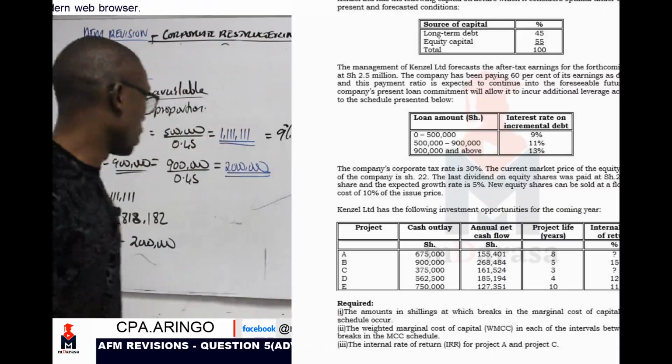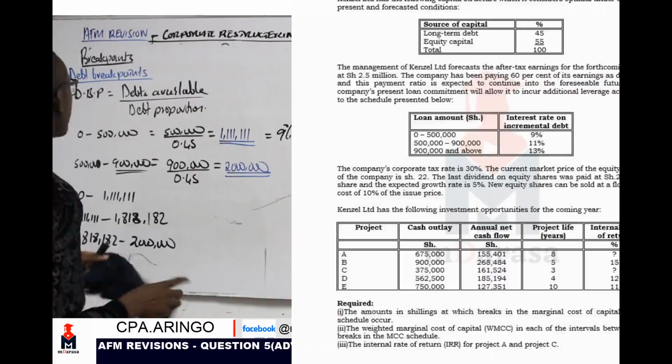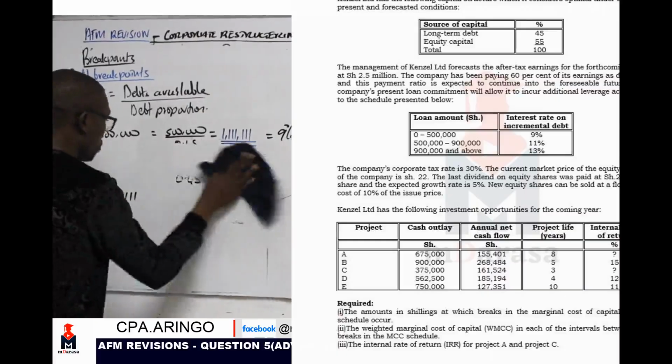So this is our schedule. Actually, the good part is we have also handled it, because that will always be almost the next question. So this is our schedule here. Proceeding to what the examiner is asking us, you realize that it is very simple.